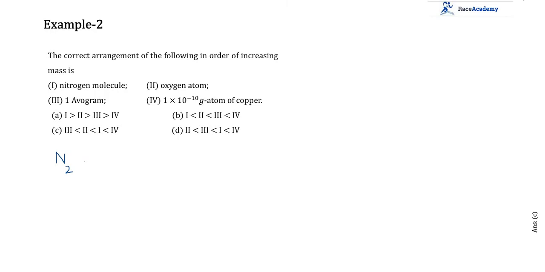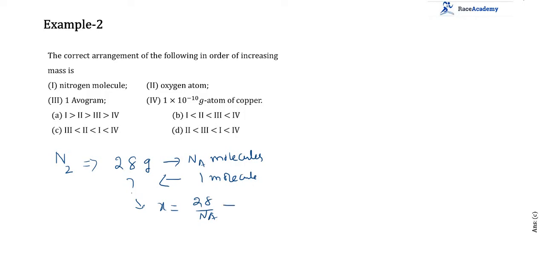We know that 28 grams of nitrogen is the Avogadro number of molecules. You want to find the mass of 1 molecule of nitrogen from 1 mole. Then x is equal to 28 by Avogadro number.